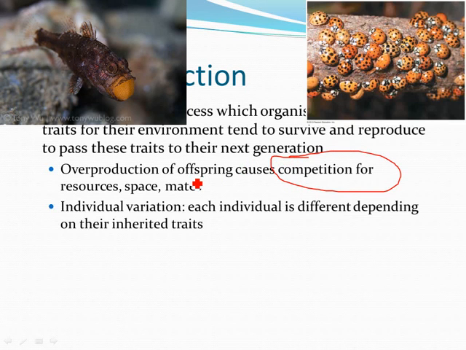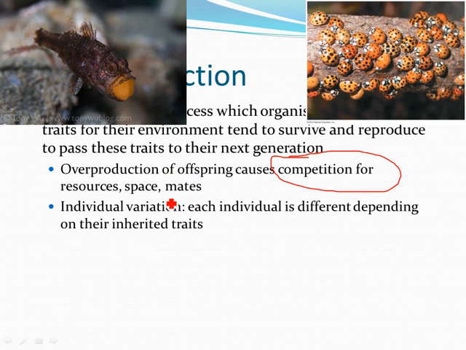There will be a trade-off between having enough offspring so that someone can eventually survive, versus having too many surviving and competing against each other. And those that have more beneficial traits will tend to survive and reproduce more so than those that have less beneficial traits.